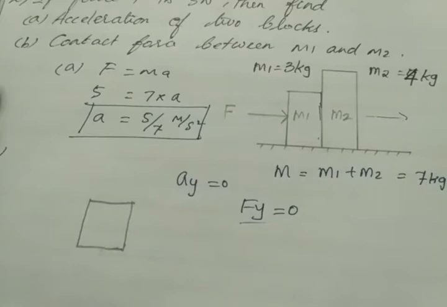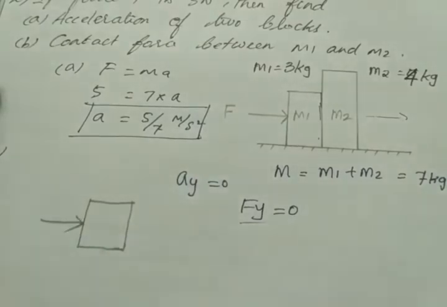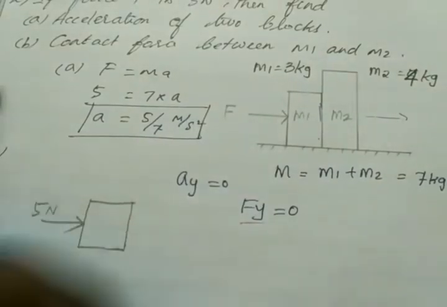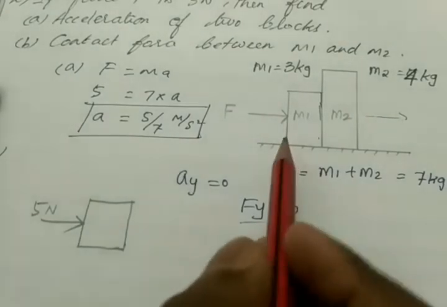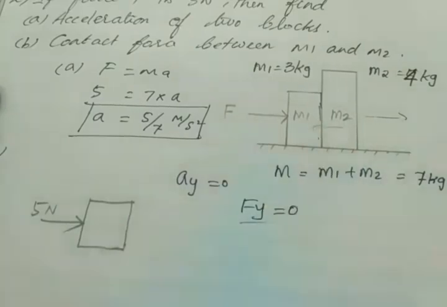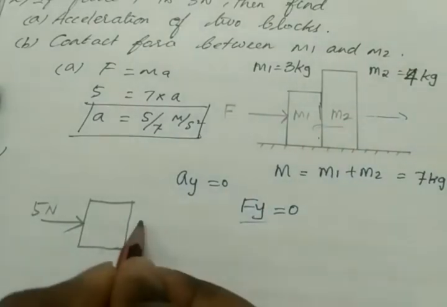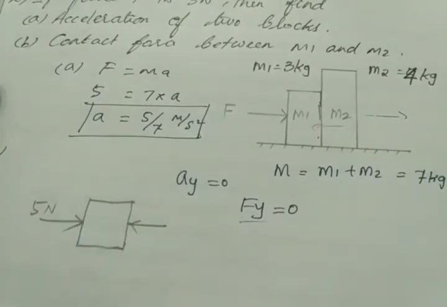So what are the forces acting? Here we have the applied force of 5 Newton. Then the normal force provided by mass 2 towards mass 1, right? So mass 2 applies some normal force towards mass 1.